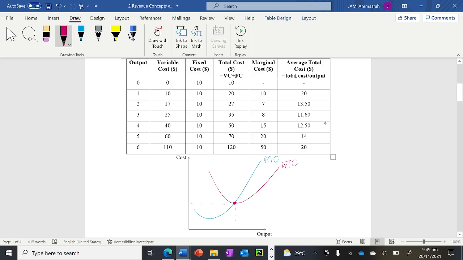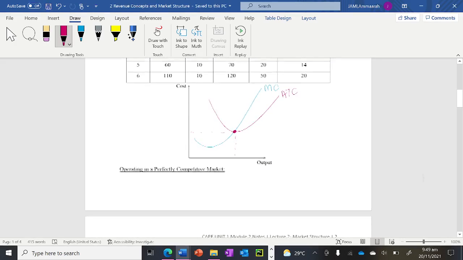I think that's a little too advanced, but it's a good thing to know. Average total cost is lowest where the MC and the ATC graph meet. It's just a basic gist of it.